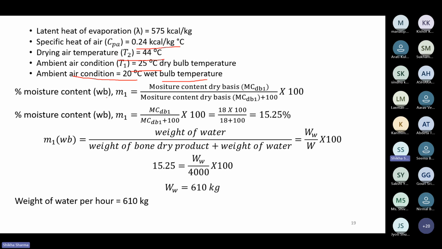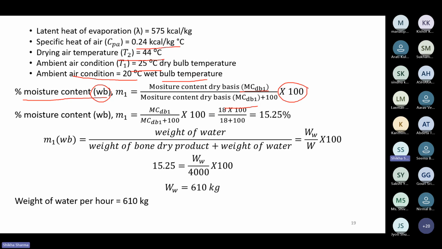As per the formula, the moisture percent is given on the dry basis, so we are converting into the wet basis. Percentage moisture content is equal to the moisture content on the dry basis divided by the moisture content on the dry basis plus 100, and we take the percentage, so multiply by 100.